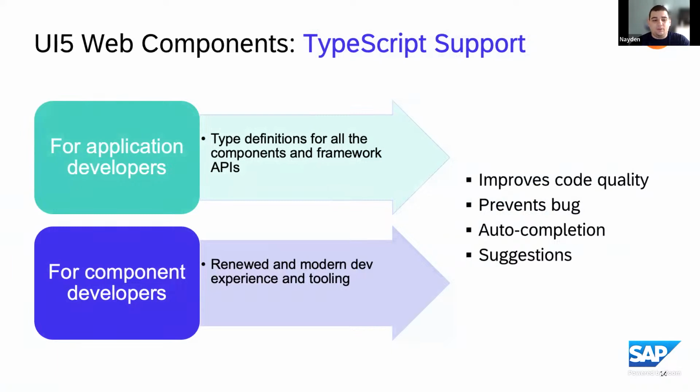TypeScript support doesn't only improve the component developers' experience, but also affects the application developers, because by providing these TypeScript definitions, their application code base started to give them suggestions, auto-completion, and also started to show alerts when something is not used as expected.